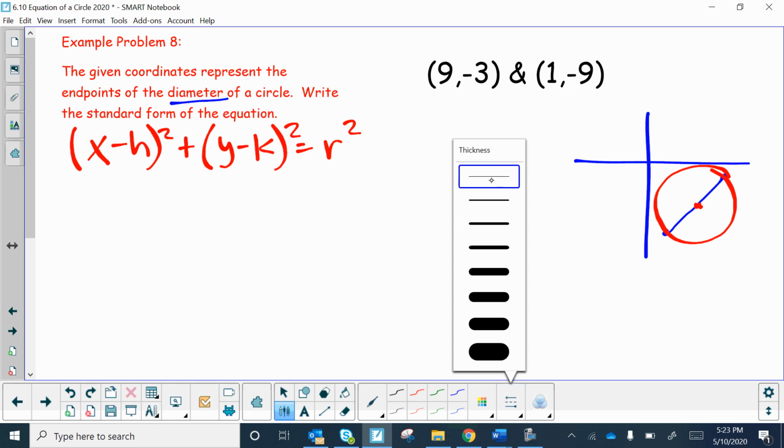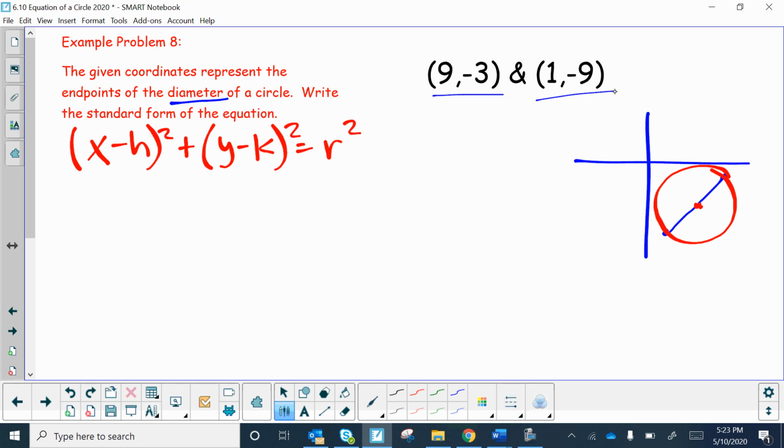The way I'm going to get the center is I'm going to use these two, and since we know the center is right at the midpoint of the endpoints of the diameter, I'm going to find the midpoint of those two. So I'm going to do 9 plus 1 divided by 2, and then negative 3 plus negative 9 and divide that by 2.